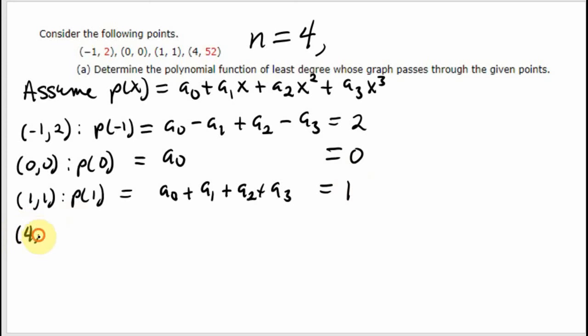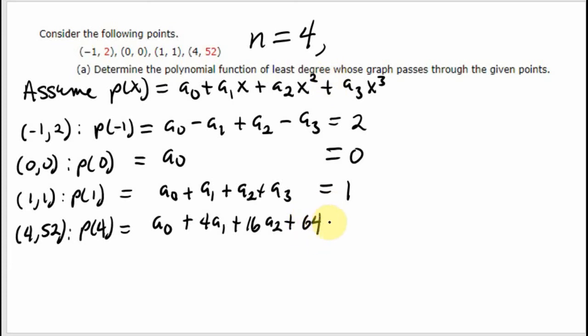The last point, 4 comma 52, so p of 4 is equal to a naught plus a sub 1 times 4, we'll just say 4 a sub 1 plus a sub 2 times x squared, that's 16 times a sub 2 plus a sub 3 times x cubed, 64 a sub 3 is equal to 52.